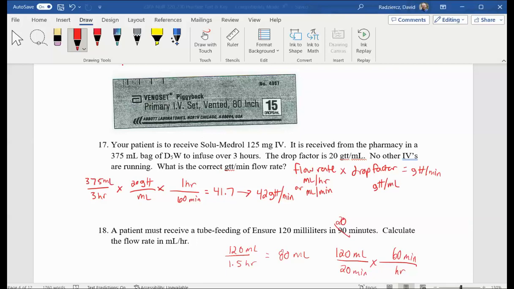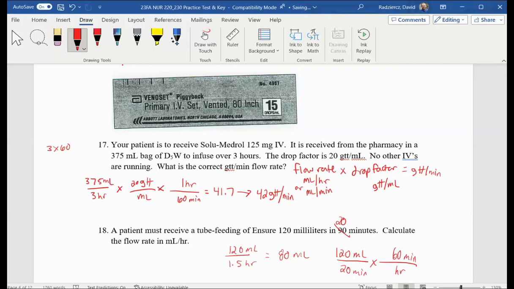And then I think I've shown this shortcut to you guys before in the past. Another way is, instead of doing 3 hours, just convert 3 hours to minutes. So 3 times 60 gives you 180 minutes.